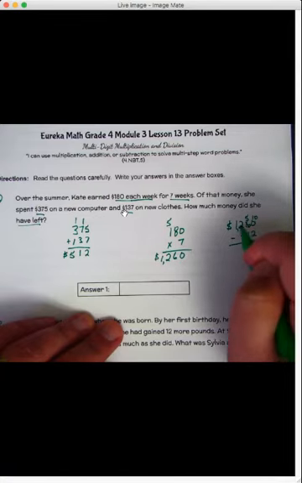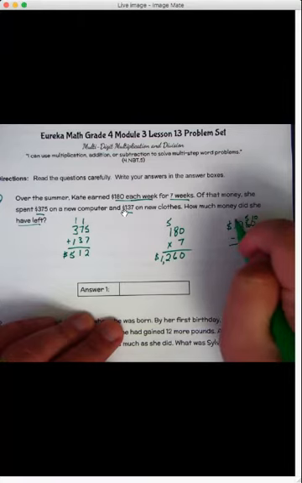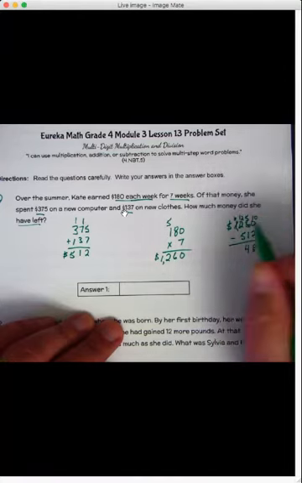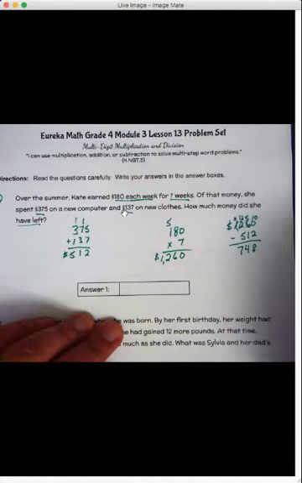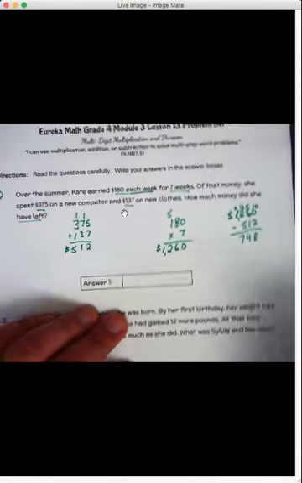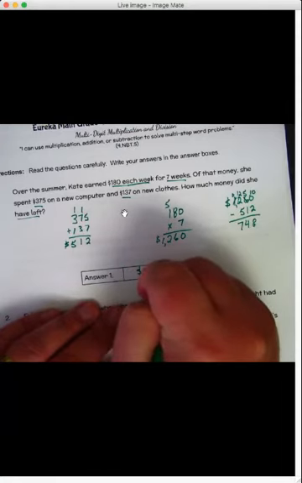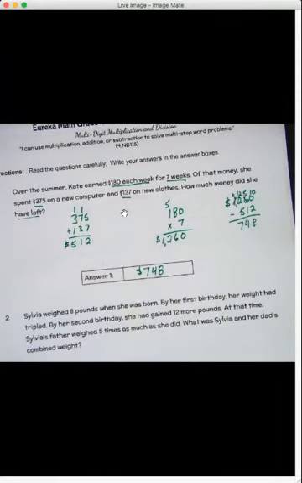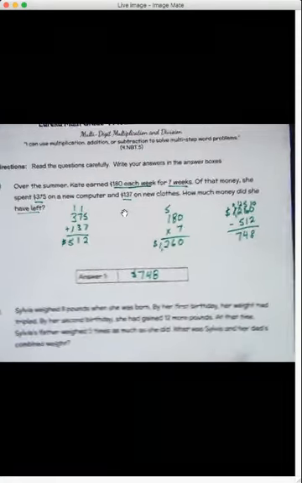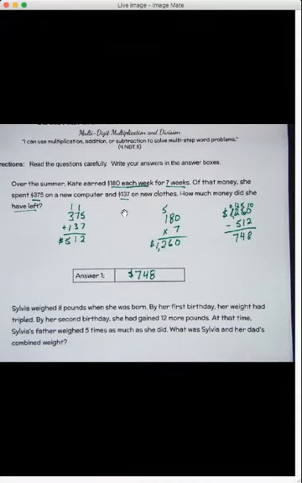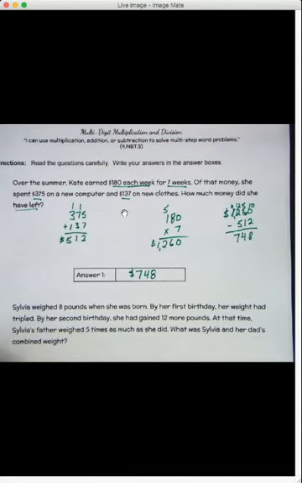I can't take 5 away from a 2. Got to borrow from that 1 and make it a 0. Give 10 to that 2, it makes it a 12. 12 minus 5 is 7. So she has $748 left. Okay. Let's look at one more, and I'll let you get started on your work.